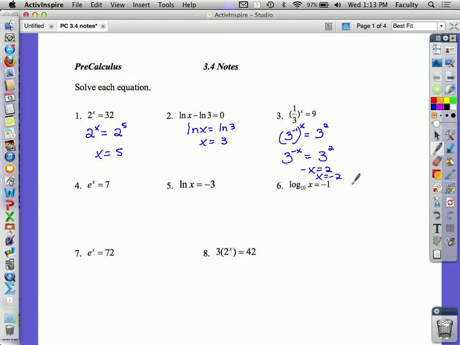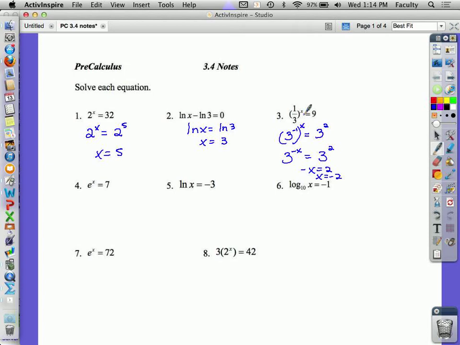I'm trying to think of if somebody's confused, how are they going to follow? You know you want it negative to make it 3, and you know you need 3 squared to make it 9. Is that what you mean? Yeah. Okay, all right.